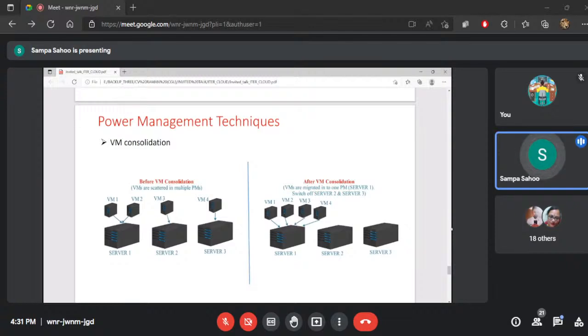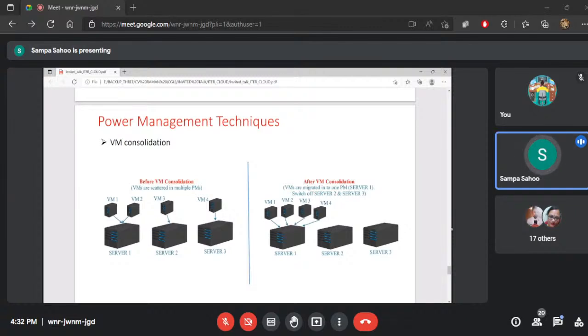Otherwise, high consumption of power will have a negative effect on the environment, so it should be reduced. Researchers have worked on these challenges a lot, and they have proposed various techniques to make cloud systems more power efficient.